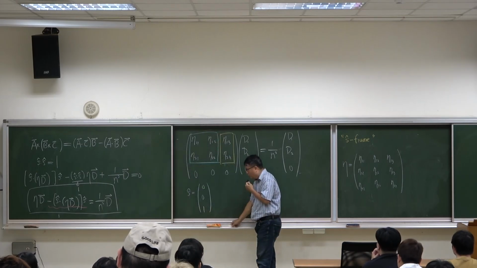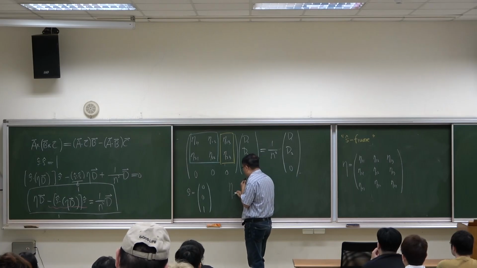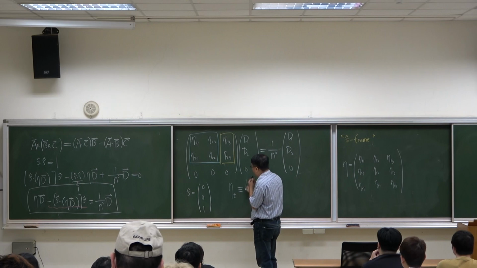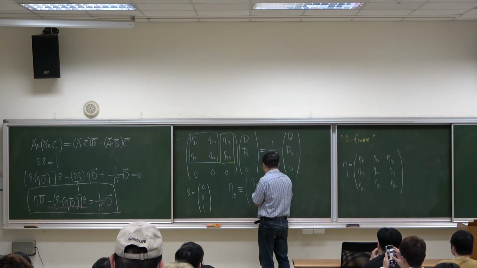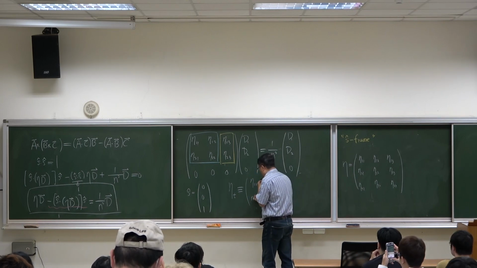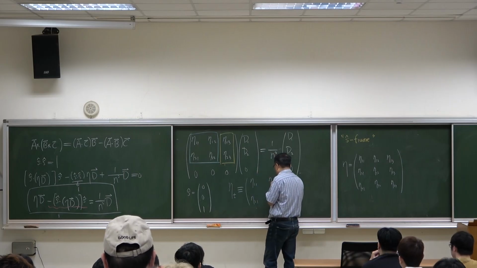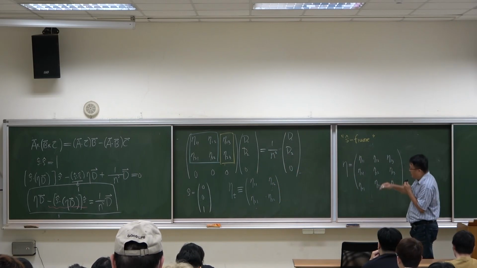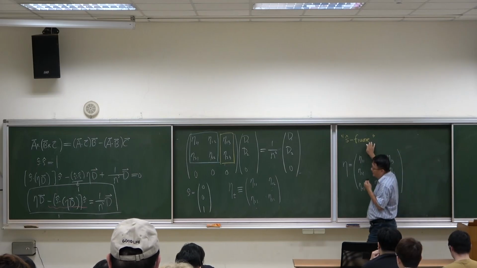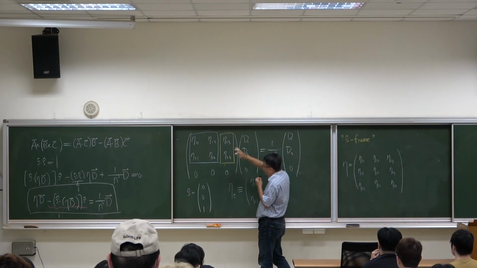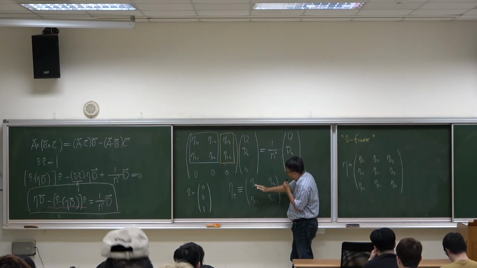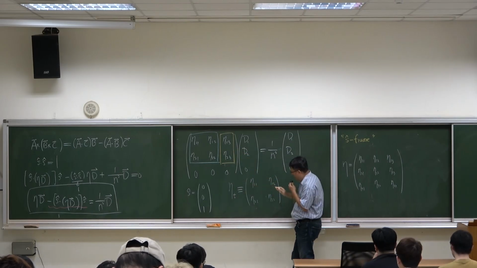And we denote this 2 by 2 matrix by eta t. Eta t is defined as eta 1 1, eta 1 2, eta 2 1, and eta 2 2. So in this S frame, the eta tensor, the useful eta tensor, has only the 4 components.